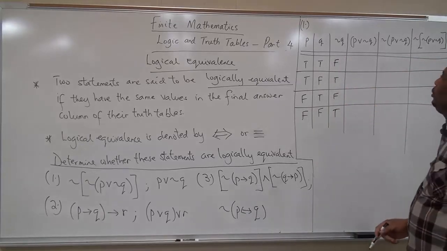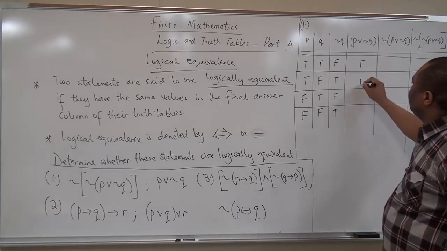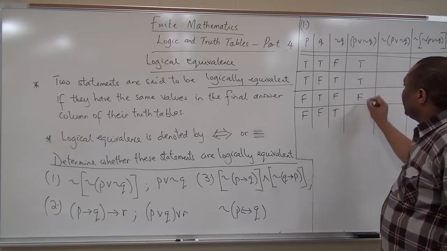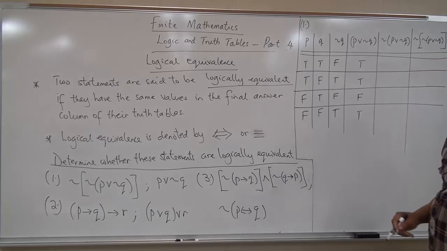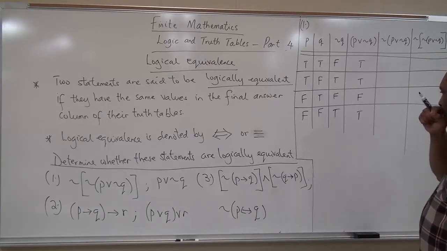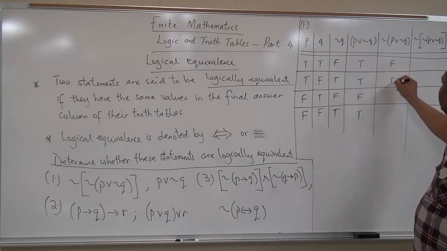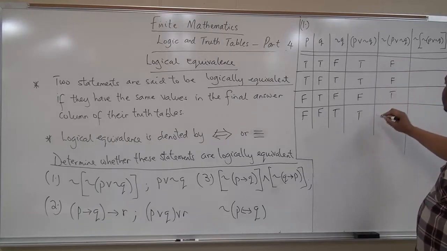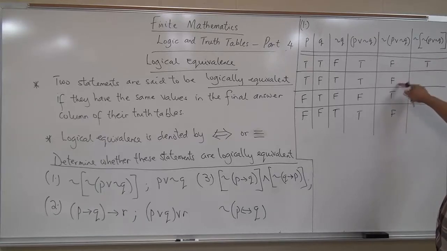Then P or not Q: T or F is T, T or T is T, F or F is F, and then F or T is T. You have to be very careful when you're doing this. Then negation of T is F, negation of T is F, negation of F is T, negation of T is F. So negation of F is T, negation of F is T, negation of T is F, negation of F is T.